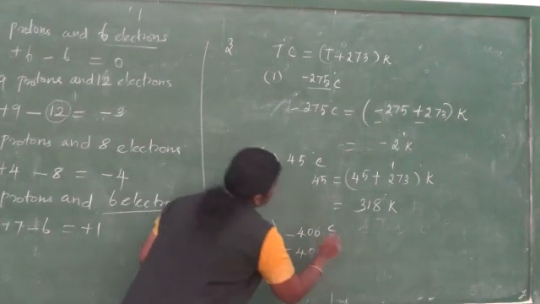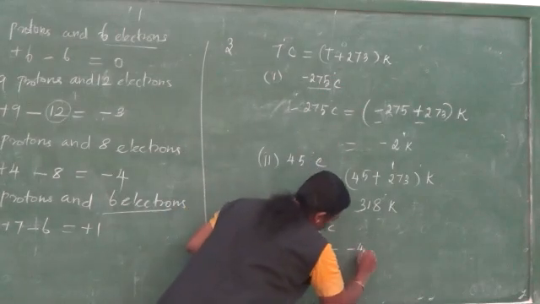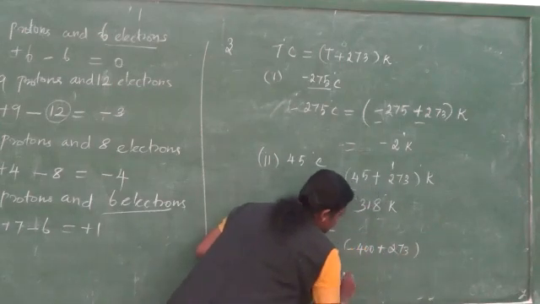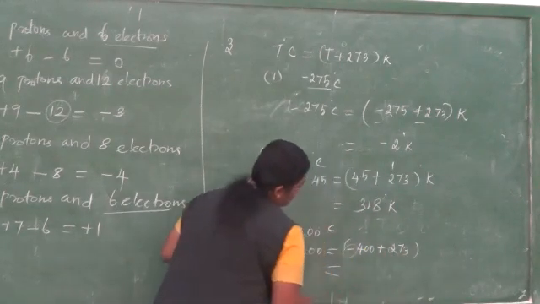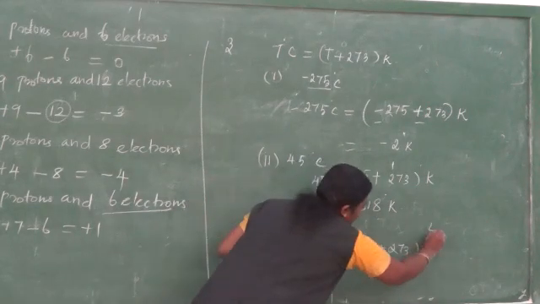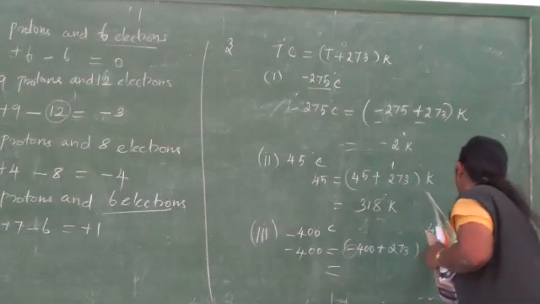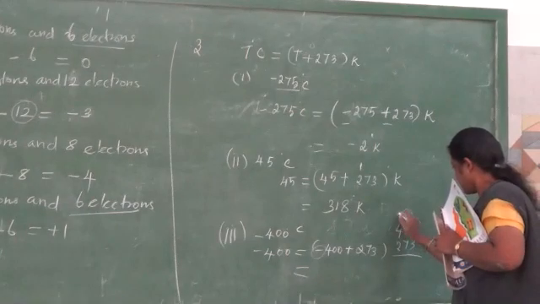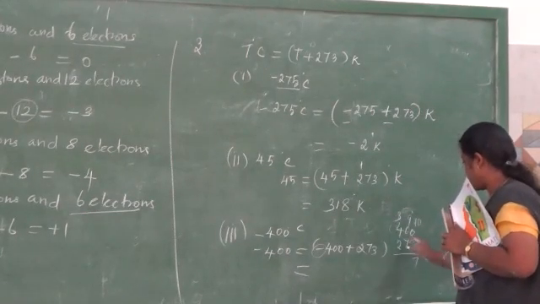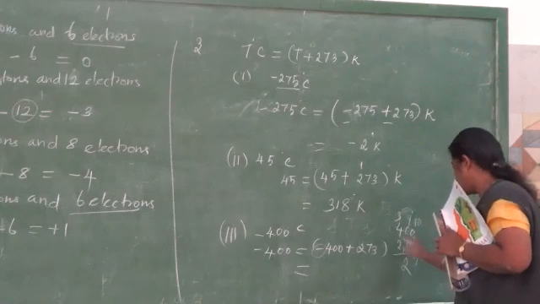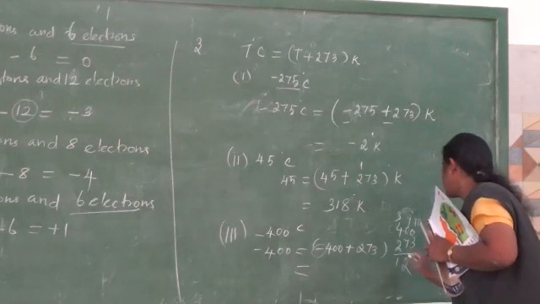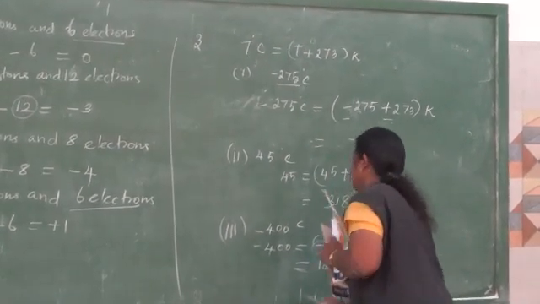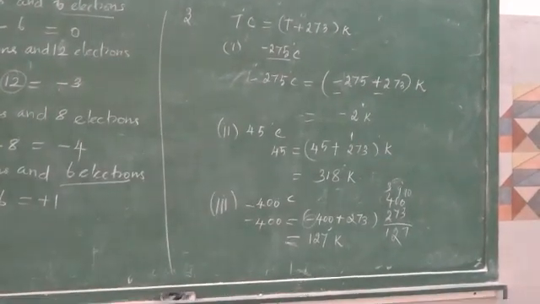So for T you should substitute minus 400 plus 273. One is a negative sign, one is a positive sign. Find the difference. 400 minus 273, borrow the number, here 10, 9, 3. 10 minus 3, 7, 9 minus 7, 2, 3 minus 2, 1. So minus 127 degree Kelvin.